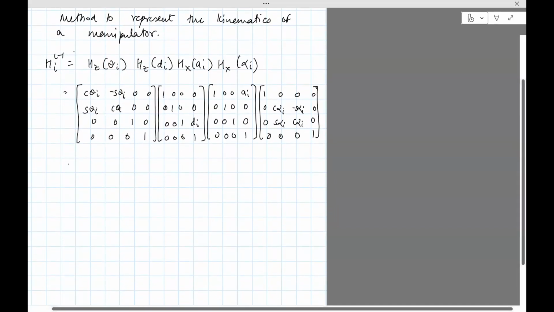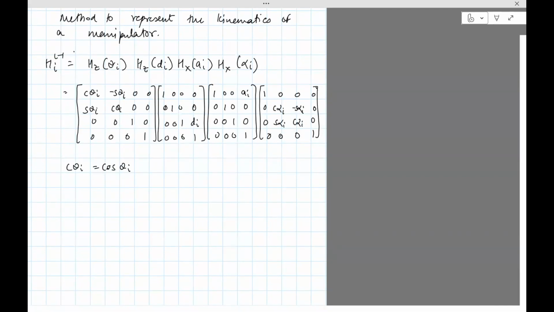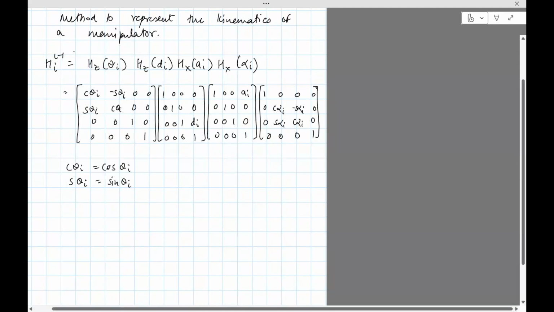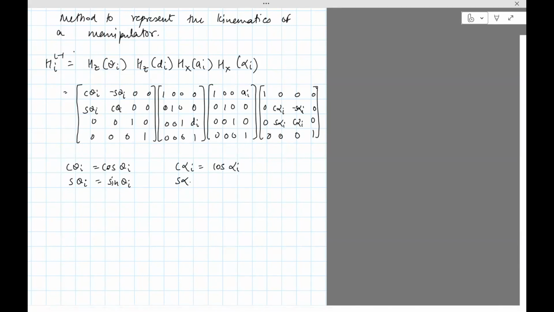Okay, so C theta i is cosine theta i, S theta i is sine theta i, C alpha i is cosine alpha i, S alpha i is sine alpha i.